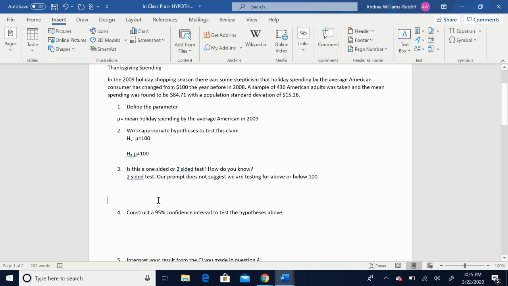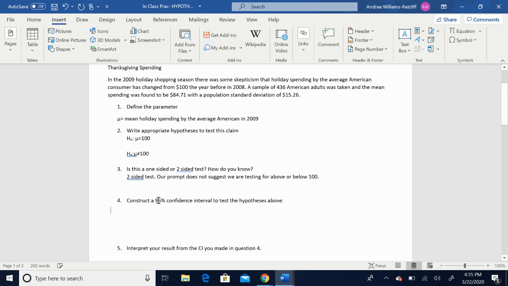What I'm doing next is constructing a 95% confidence interval in order to test this out. A confidence interval is one way that we can test a hypothesis. It's specifically useful when we're making not-equal-to claims, so a two-sided test.